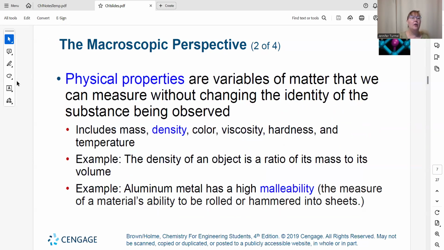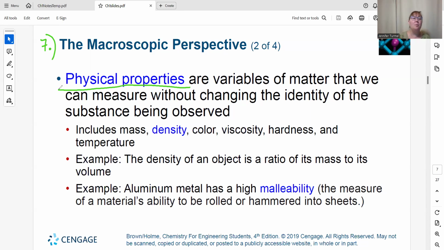All right. Here we are now on slide 7. Now we're talking about macroscopics. In macroscopics, we've got a couple of options. First of all, the physical properties in macroscopics are variables of matter that we can measure without changing the identity of the substance being observed.